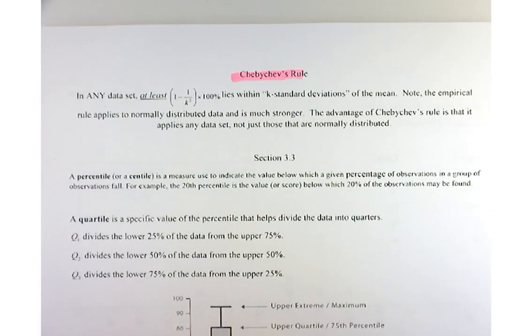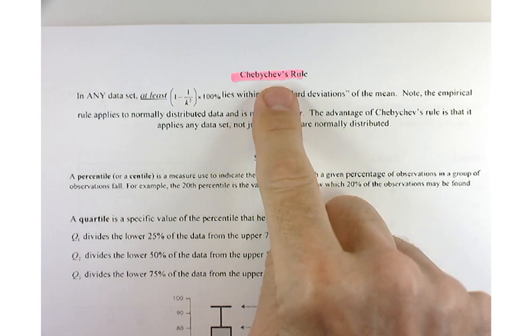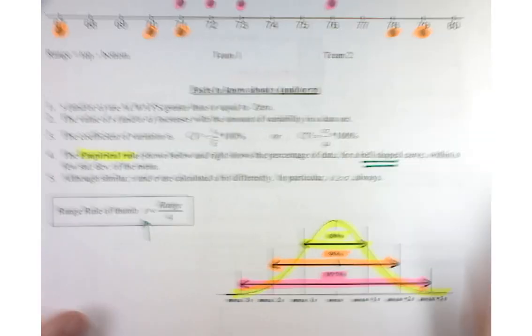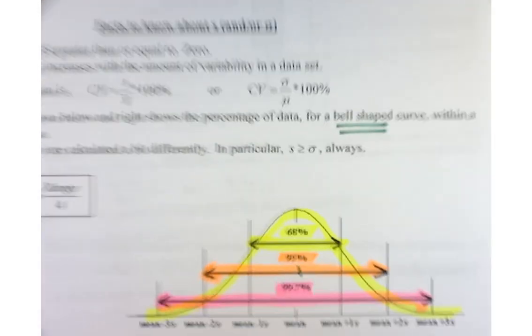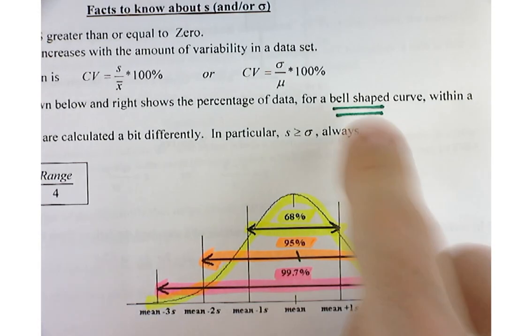Now, Chebyshev's rule is again going to talk about how much of the data you expect to be within so many standard deviations away from the mean. There are a couple significant differences between Chebyshev's rule and the empirical rule. What's one thing that we required of the empirical rule? It has to be a bell shape. Has to be a bell shape.